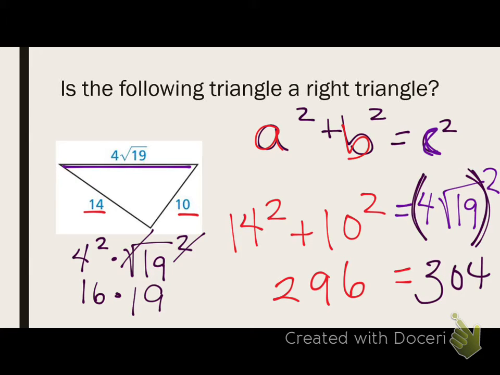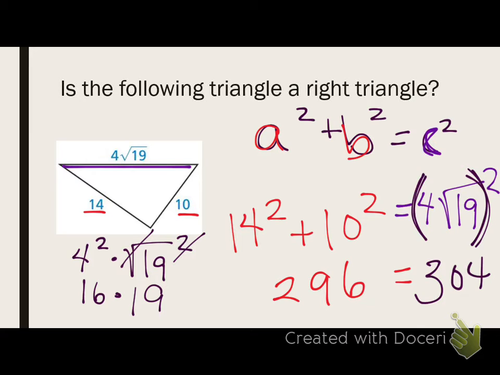So type in a parenthesis, and then a 4, then your radical button, and then your 19. Now use the arrow to the right to get out from under the radical. And then another parenthesis, and then a square. Hit enter. Yeah, 304. It worked that time.